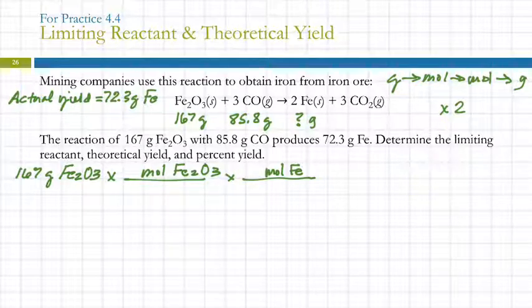That's like the pizza. And then at the end I want grams of iron. So my general path, grams to moles to moles to grams. That's what's here. Grams of what I'm starting with to moles of what I started with to moles of what I want to find to grams of what I want to find.